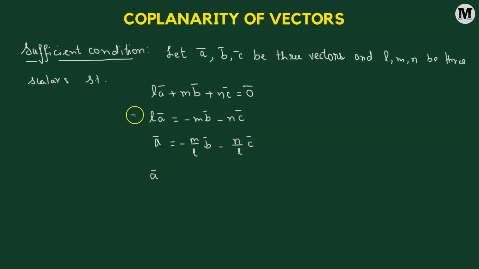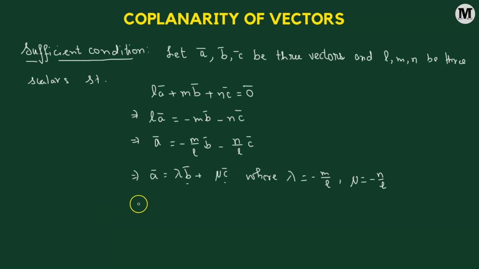Or we can consider A vector to be equal to lambda times B vector plus mu times C vector, where lambda and mu are scalars defined as lambda equals negative M over L and mu equals negative N over L. So here we have expressed the vector A as a linear combination of the other two vectors B and C. Now, we could have done it with vector B also. We can also express vector B as a linear combination of the other two vectors. Similarly for vector C as well.